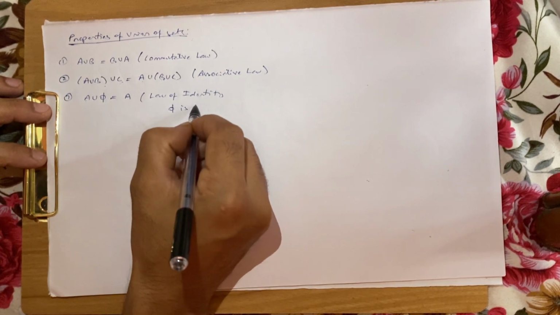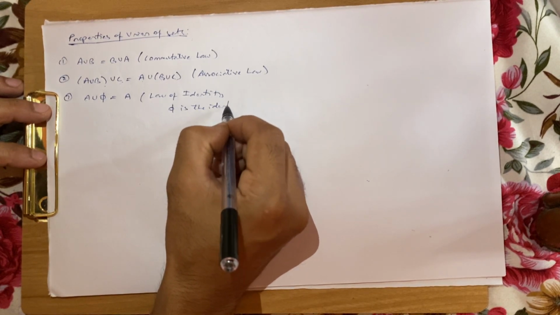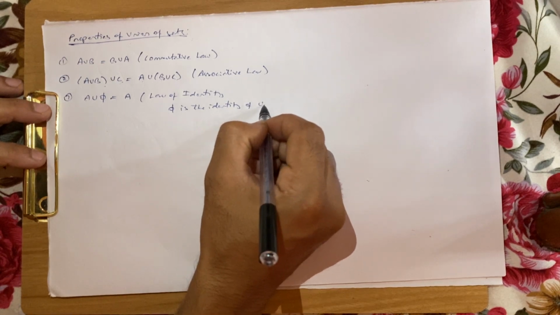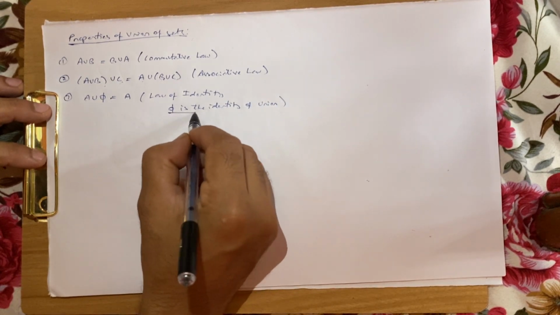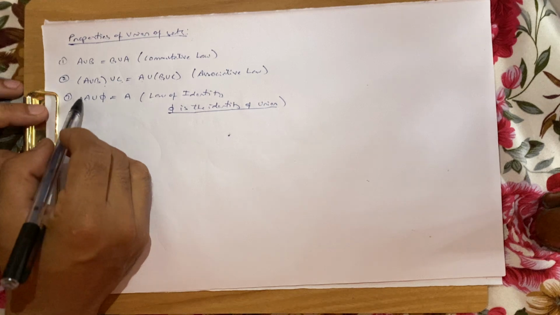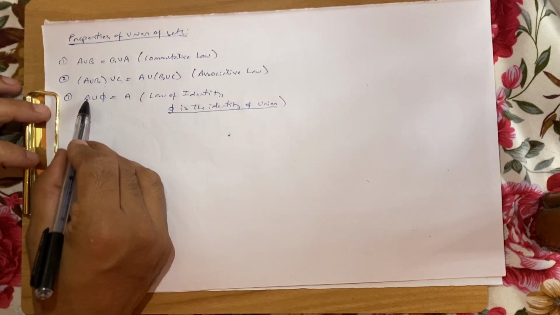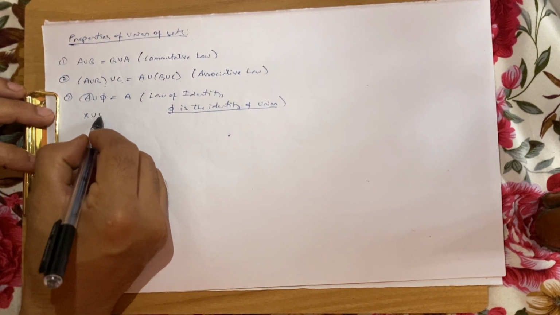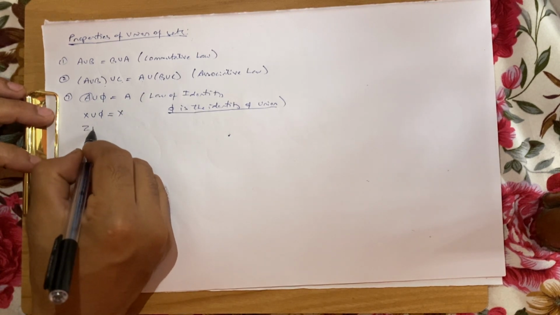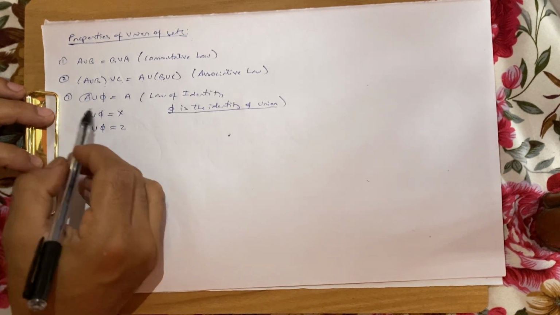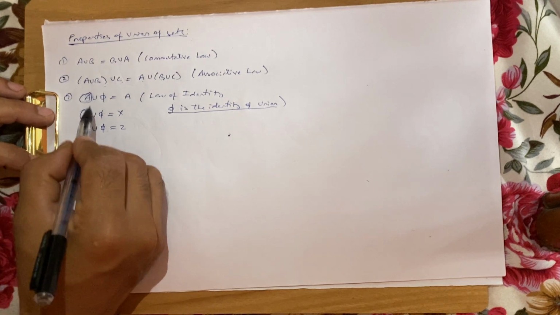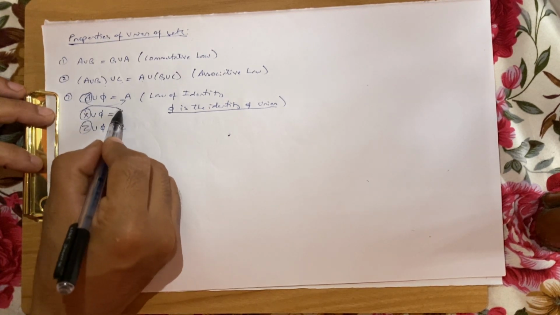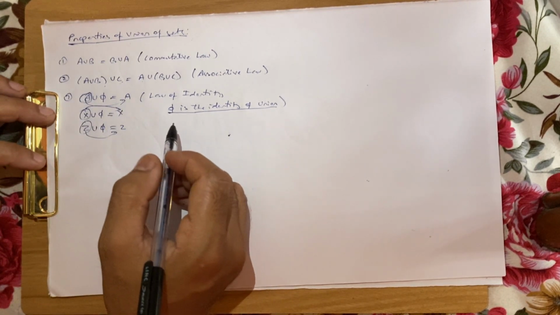And phi is the identity of union. Always remember this line. Phi is the identity of union. Now why is it called identity? Because whatever set you take here, like X union phi will be X, Z union phi will be Z, means whatever set you take, the identity goes on to the result. That's why it's called the law of identity.